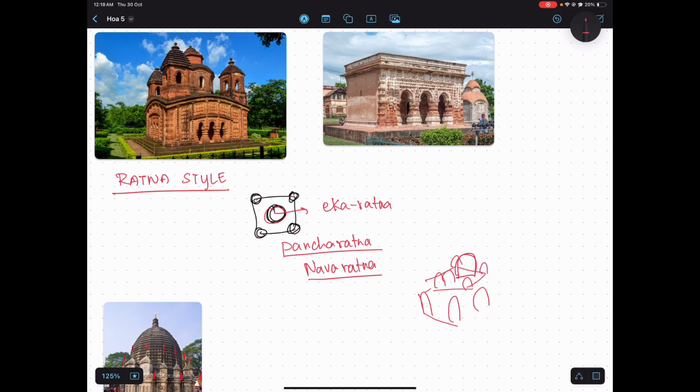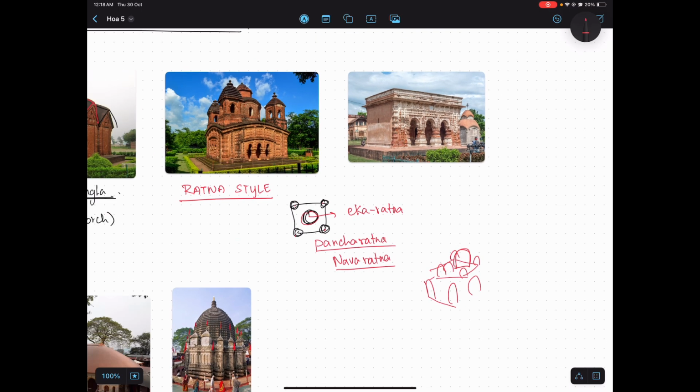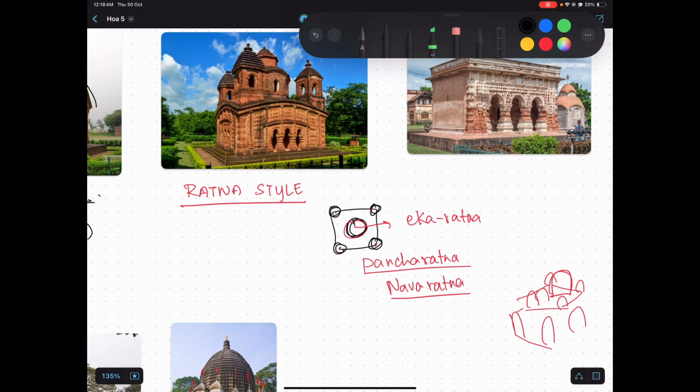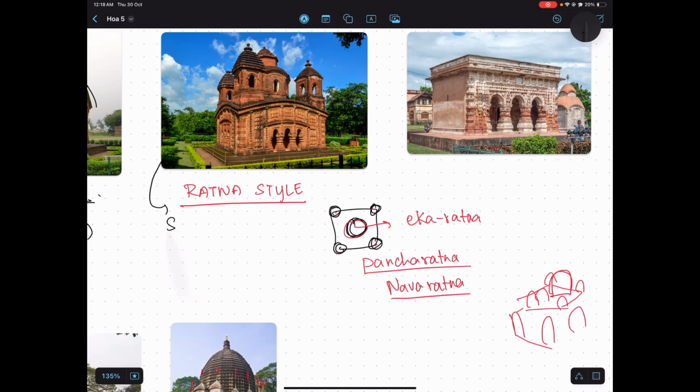So that is Navaratna. And this is Ratna style. An example for this is the Shamrai temple. So this is Shamrai temple at Vishnupur.